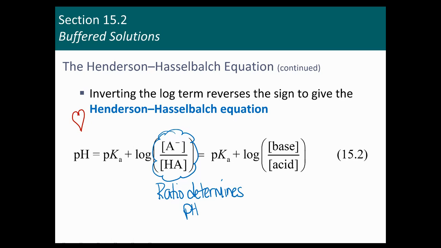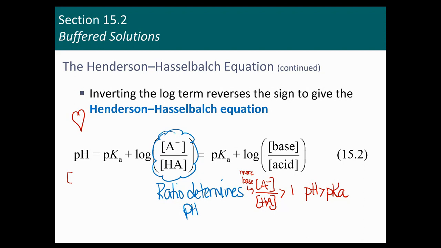Okay, but if A minus to HA increases, is greater than 1, pH is greater than pKa. Meaning, think about it, you have more base, right? More base makes the pH basic compared to pKa.